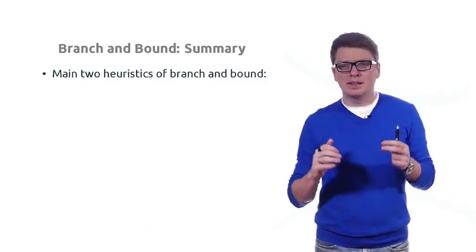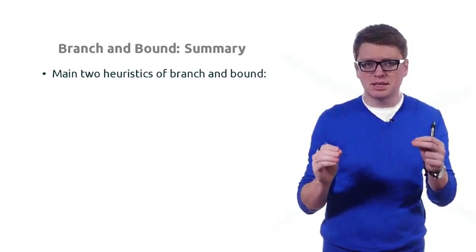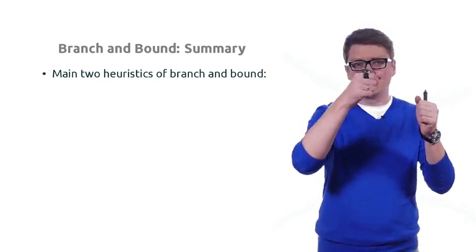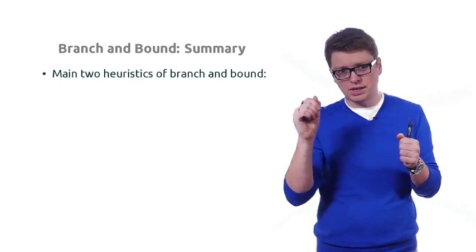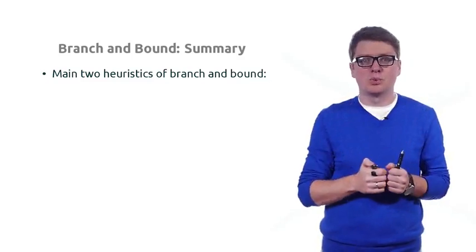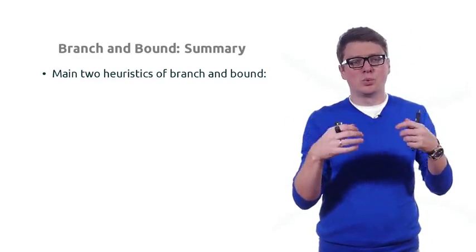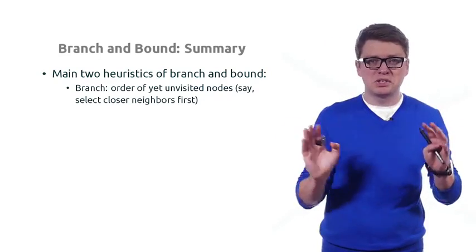Okay, now let me summarize. The branch and bound technique actually consists of two methods. The first one is how we enumerate all the nodes that are going to be visited after the current one. In our example, we considered just some random order. When implementing this idea, it makes sense to stick to some particular heuristic.